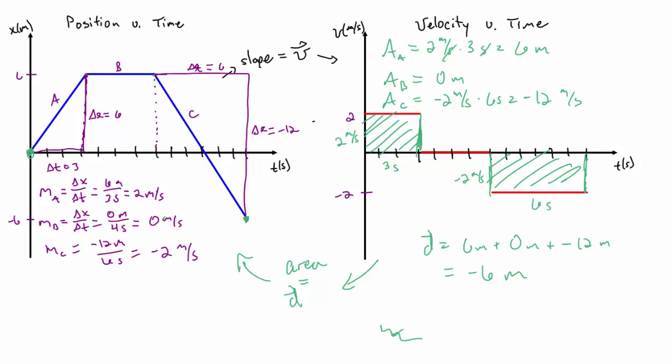Okay, the other one is instantaneous versus average velocity. So let me try to draw a curve. Okay, so let's say that this is a position versus time graph.